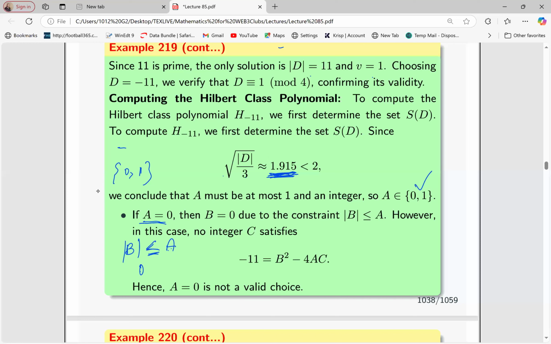But is this possible? We come to this other condition and see whether it's possible to have A to be 0 and B to be 0. If A is 0, this part is 0, and B is 0, this part is 0. So it means we have negative 11 equals 0, which is not possible.